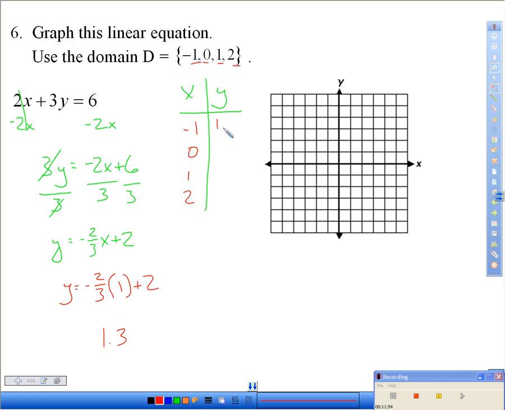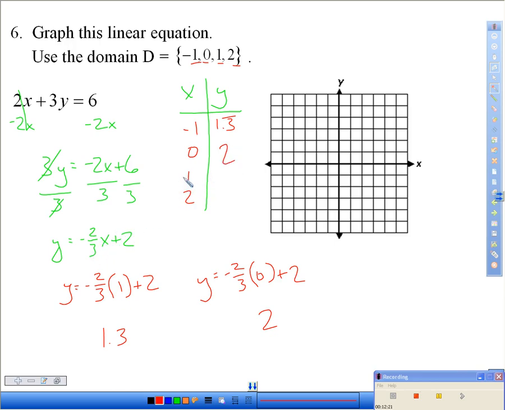I'm just going to write that as 1.3. So we get some kind of strange numbers, but we'll just estimate when we're graphing our solutions. The second thing we need to do is to take 0 and put it in place of x. So I'm going to write y equals negative 2/3 times 0 plus 2 and see what we get. Well, this gives us 0. 0 plus 2 is 2. So when we substitute in 0 and then simplify the right-hand side, we're going to come up with 2.